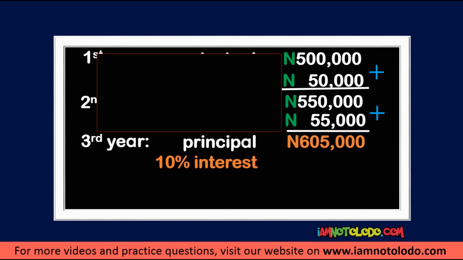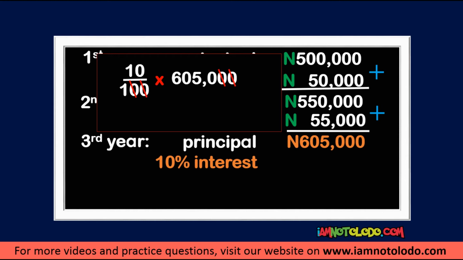So this becomes 10 over 100 times, what is our principal? 605,000 naira. 0 cancels 0, 0 cancels 0.